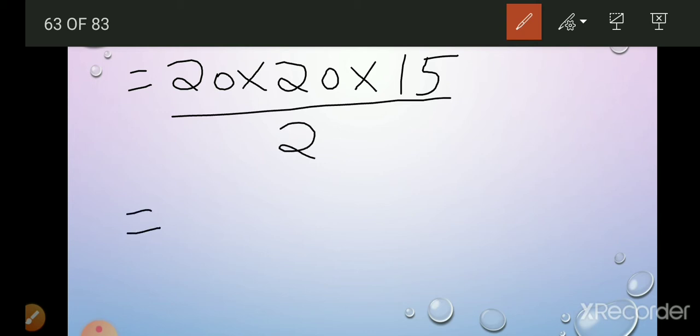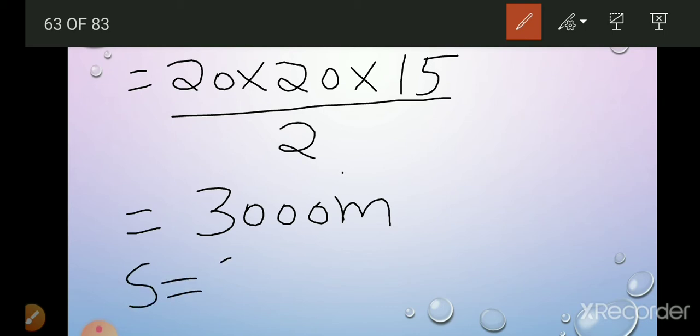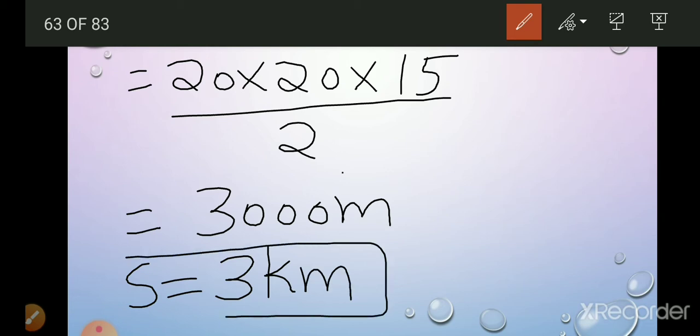If you solve this, you are going to get 3000 meter. So s is equal to 3000 meter. If you convert it into kilometer, it is 3 kilometer. So distance travelled is 3 kilometer. Okay, so this is how we have to solve.